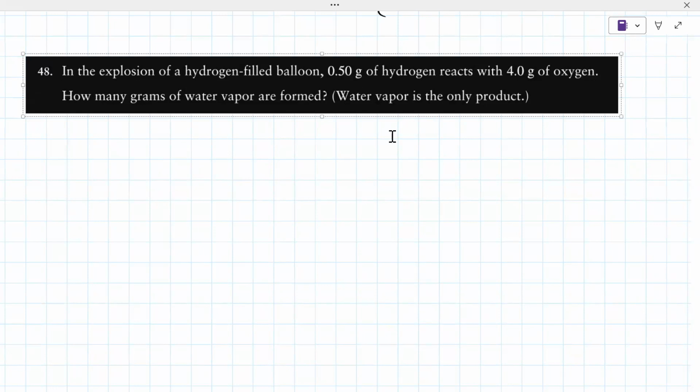Actually, can we skip that one? I think I might have sent that one by accident, because we didn't go over that in class. I meant to crop it out or something. All right. So 49, it's kind of the same deal. We have to write the equation.